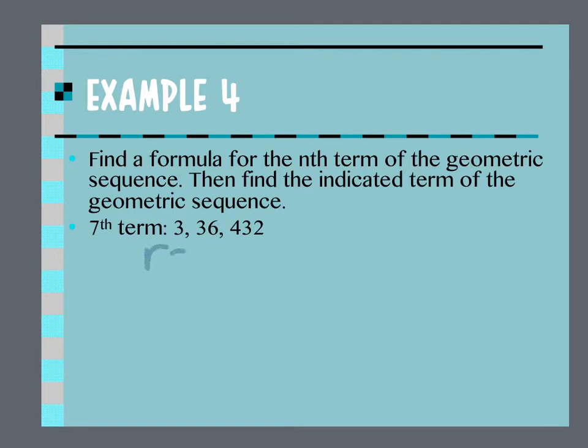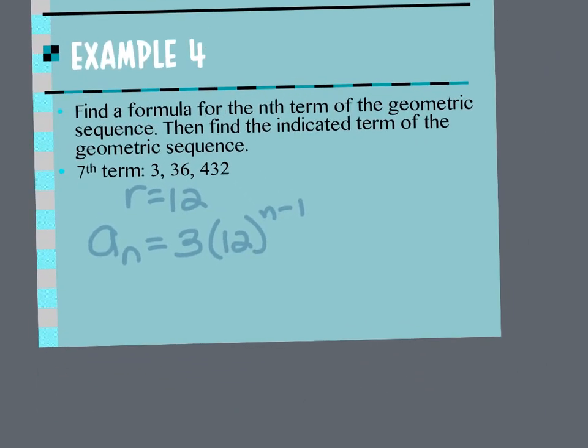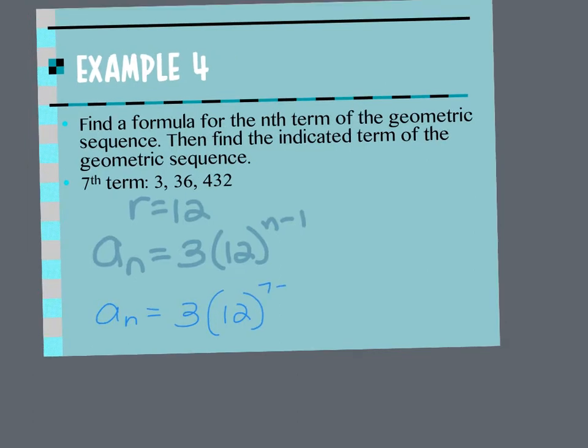So I know r is 12, which means the equation is a sub n equals a sub 1, which is 3, times r, which is 12, to the n minus 1. Then it says, find the 7th term. So I'm finding a sub n, which would equal 3 times 12 to the 7 minus 1. And this should be a sub 7.